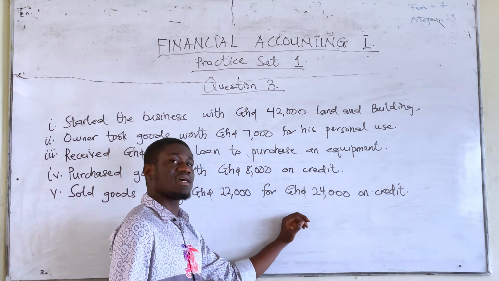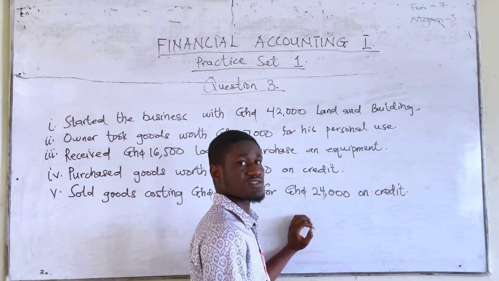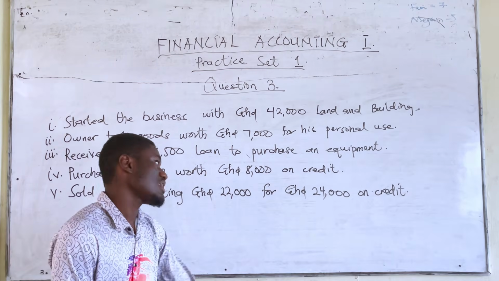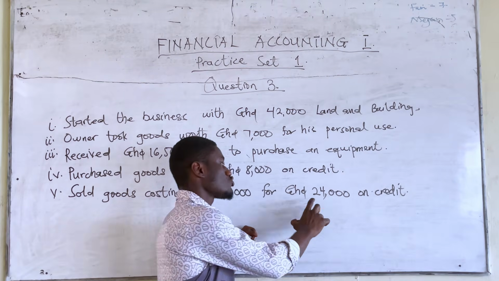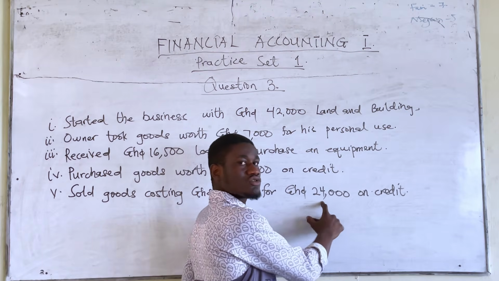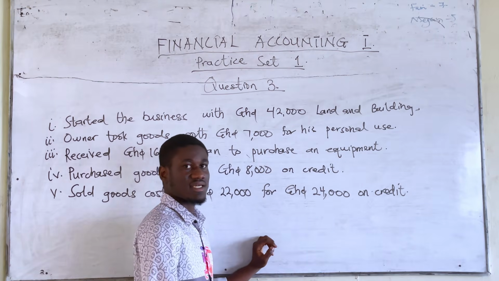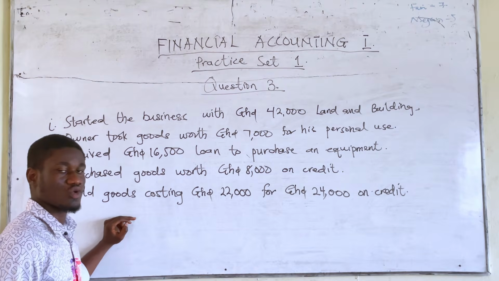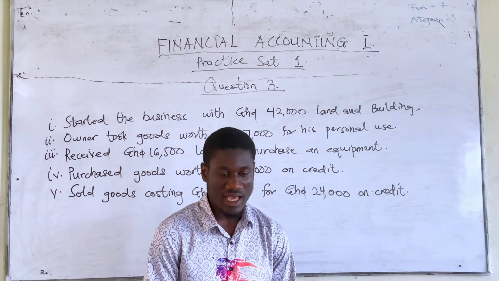Even if they owed us some amount, let's say 10 cedis, now that we sold to them on credit for 24,000, the amount they owe us increases by 24,000 Ghana cedis. That's why there is an increase in the debtors amount, and a decrease in the stocks because we've sold the stocks. Good. So that's the last question.